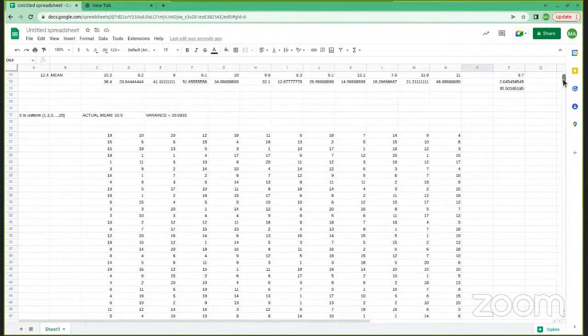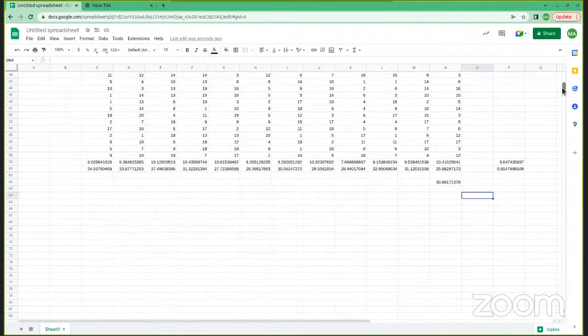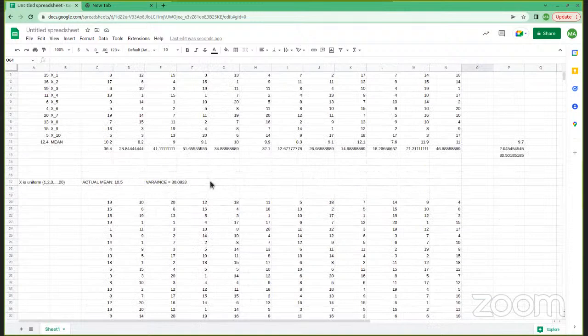That means the mean of my sample variance, 30.86, is very close to 30.083, which is the actual population variance. So if you enlarge your data and take more samplings, with more samples each time, scientists actually computed that the expected value of the sample variance will be equal to the population variance.